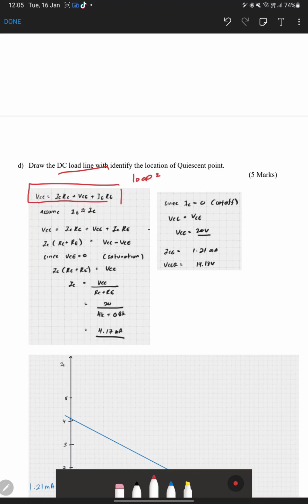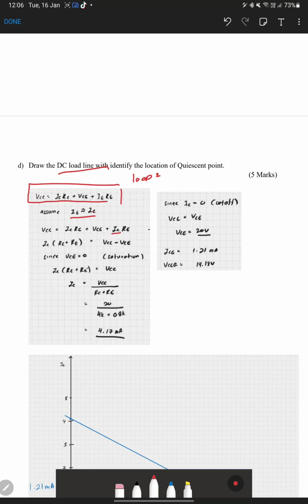And then we assume in the DC load line that IE equals IC. Only for the DC load line, we assume IE equal to IC. Alright, so we replace IE with IC. So IE becomes IC.